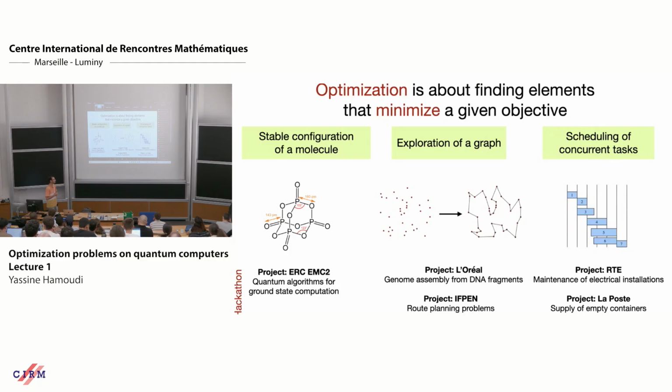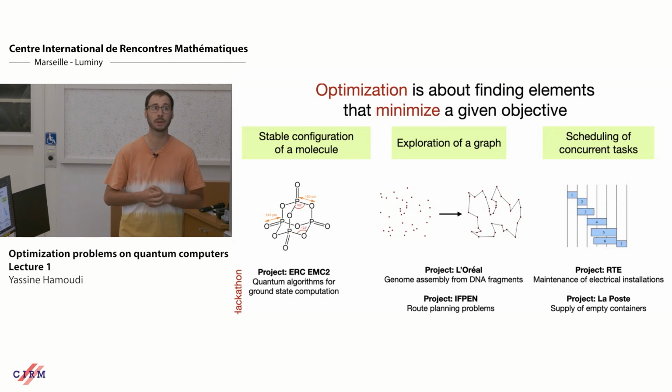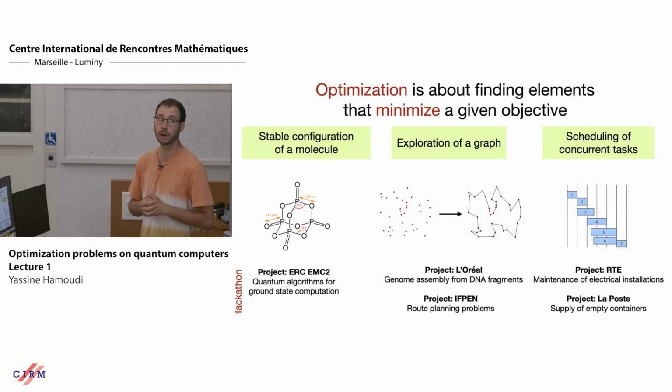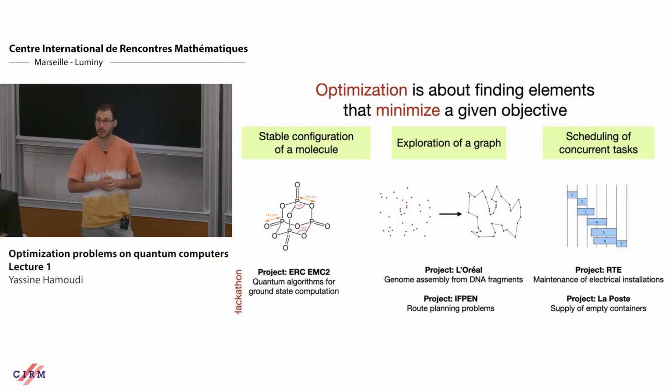For scheduling, there are also projects with RTE and La Poste, one about electrical installation, and another about supply of empty containers. Some of the methods presented during these 2 lectures will connect to this kind of problem, and if you stay for the hackathon, you may try to use those methods when solving those projects.